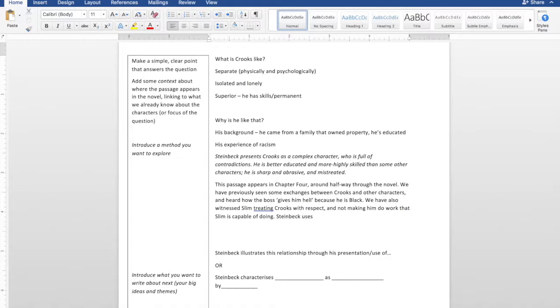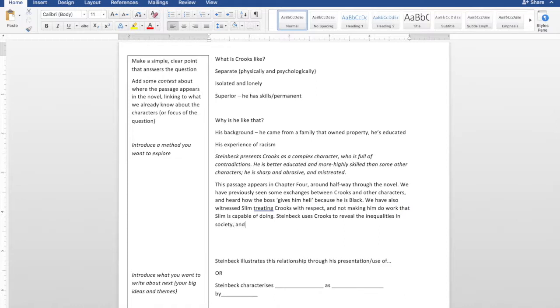uses Crooks to reveal the inequalities in society and argue for better treatment for all.